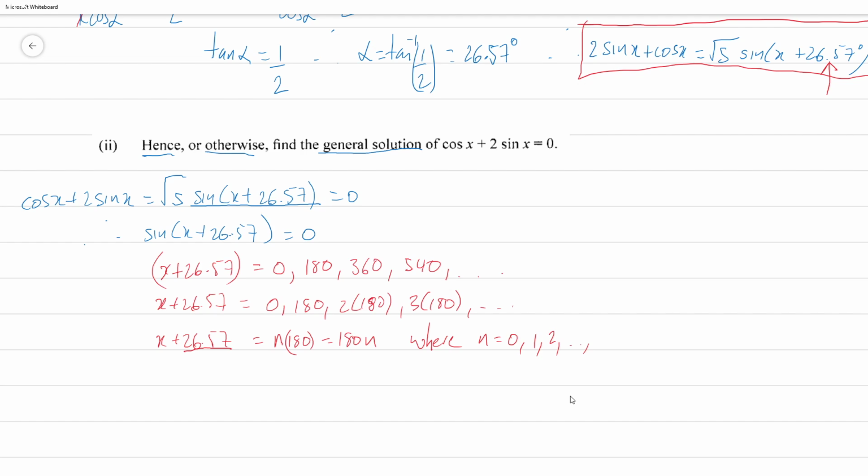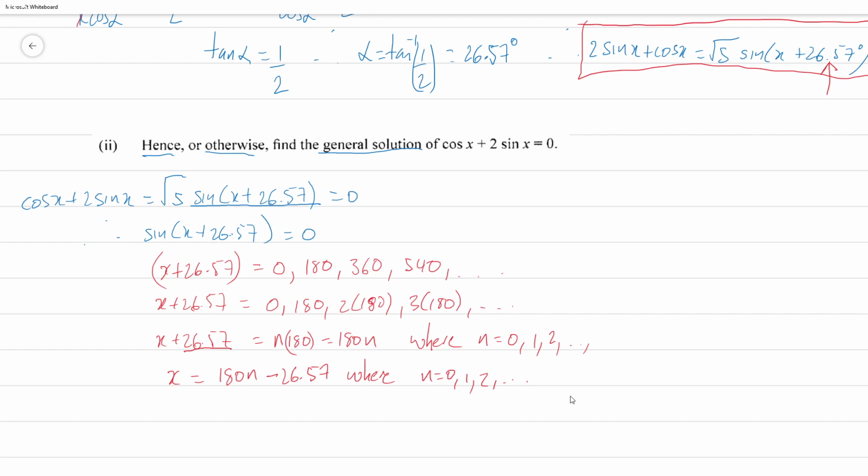So continuing on, I would say x is equal to 180n minus 26.57, where n goes from 0 to 1 to 2, and it continues.